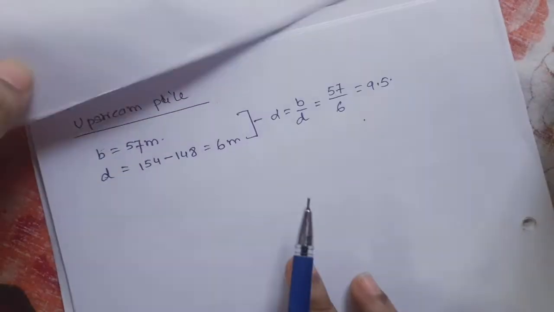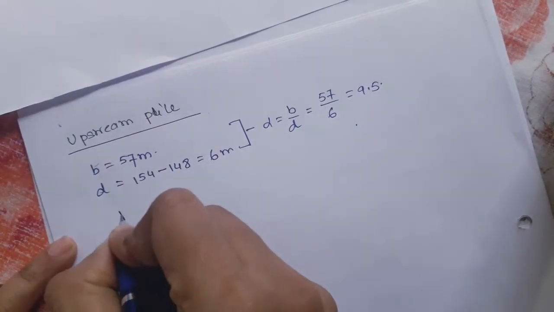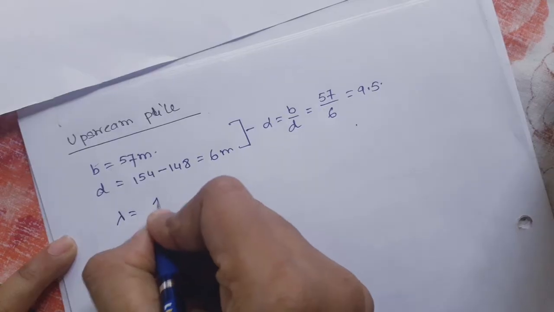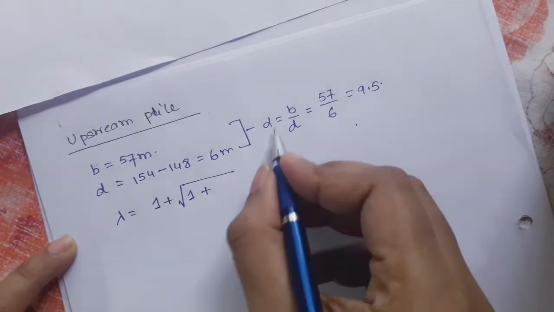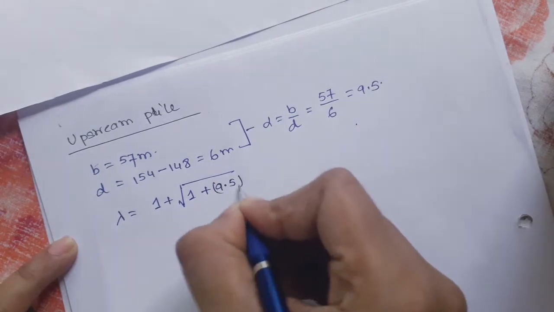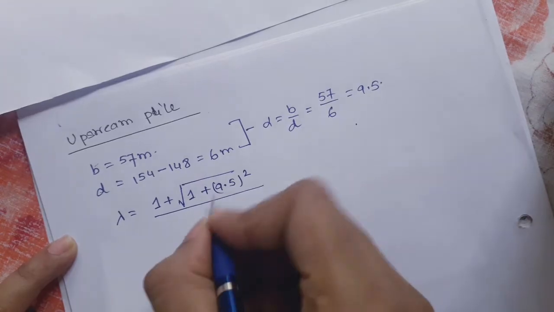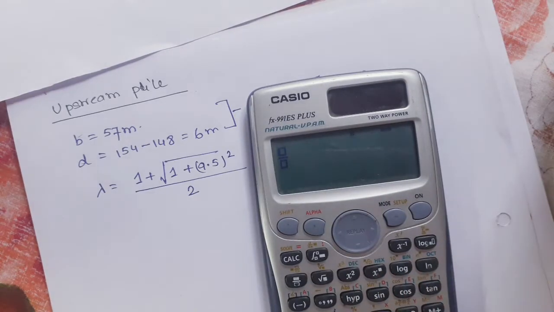Now we will put the value in the equation. First we will calculate lambda, which is 1 plus root over 1 plus alpha square, divided by 2. Alpha we have got 9.5, right? So it will be 1 plus root over 1 plus 9.5 whole square, divided by 2.